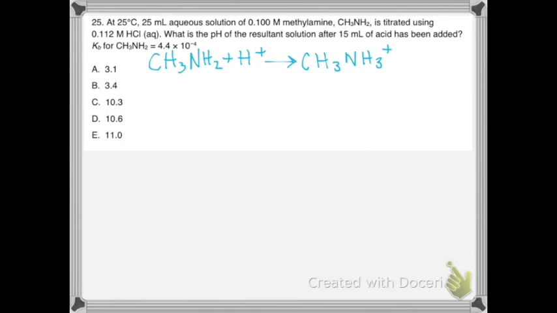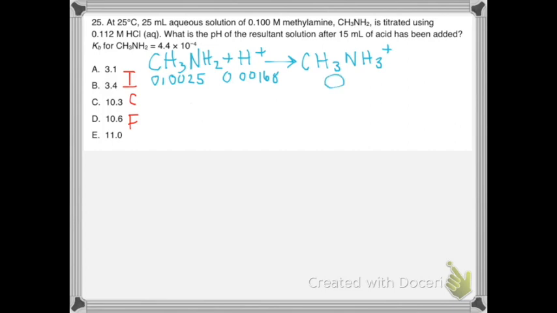Okay. Whenever we have a reaction, we work in terms of moles and use an ICF table. So the moles of our methylamine will be 0.0025. Our moles of H plus will be 0.00168.